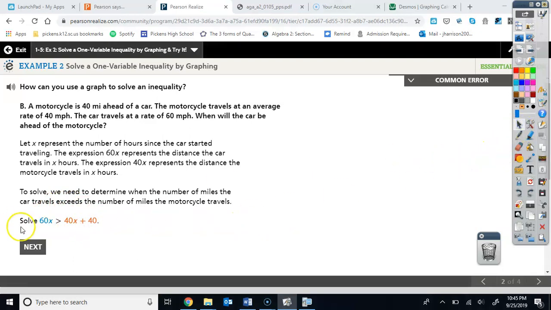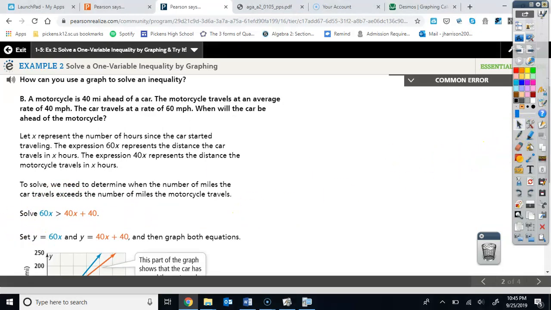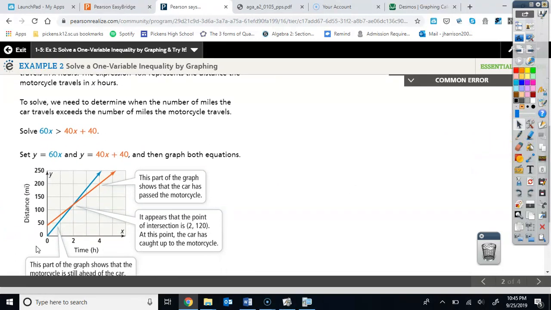And so what we look at is those two lines. We take 60x, it's going to be increasing up 60 over 1, up 60 over 1, up 60 over 1, beginning at 0. But the motorcycle is already starting at 40, and then going up 40 over 1, up 40 over 1, up 40 over 1. But look at what happens.